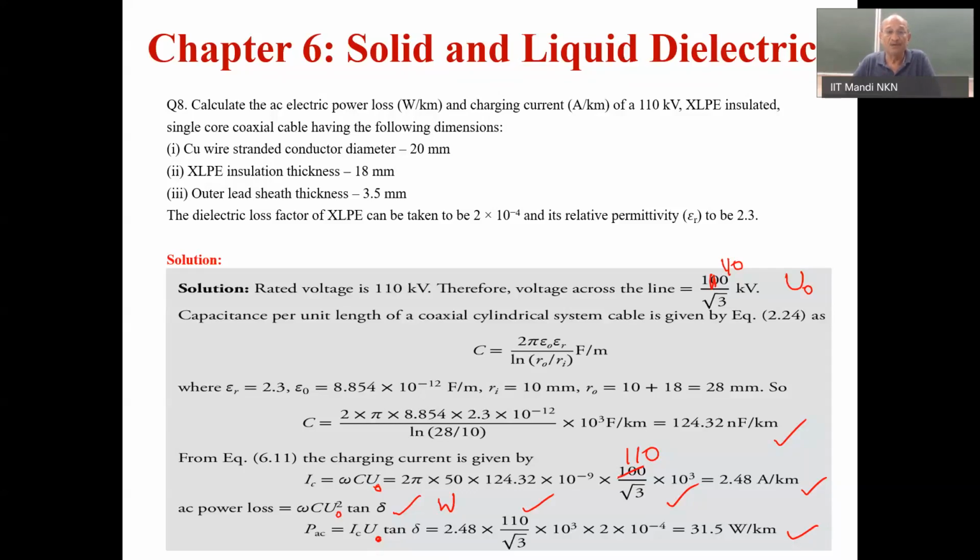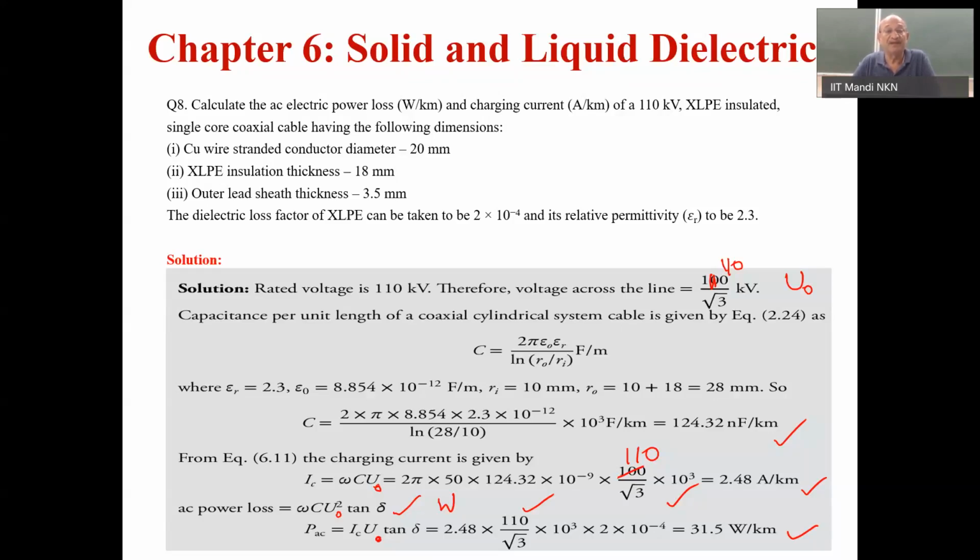Why is it low? Which parameter here determines the whole scenario? It is the capacitance formed, and as you know, it depends on the dimensions of the cable and the epsilon r, the relative permittivity of the dielectric you are using.